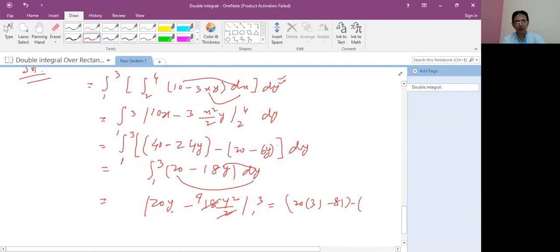Similarly, for the lower limit, it is 20 into 1, which is 20, minus 9 times 1 square, so minus 9. If we solve it, 60 minus 81 minus 11, so 60 minus 92. The answer is minus 32.